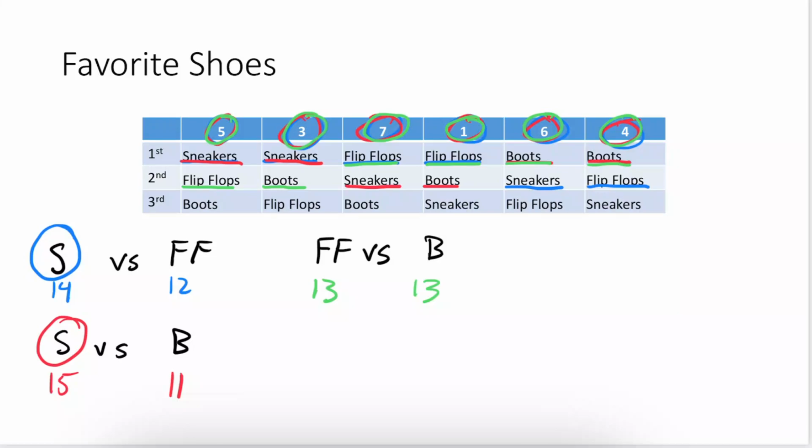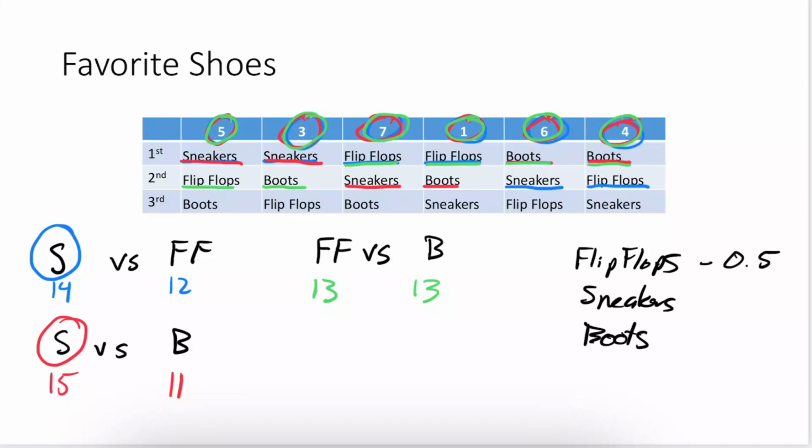So if I write out the points for flip-flops and sneakers and boots, then flip-flops won a half of a pairwise comparison, so its score is going to be 0.5. Sneakers won 2 of the pairwise comparisons, so its score will be 2.